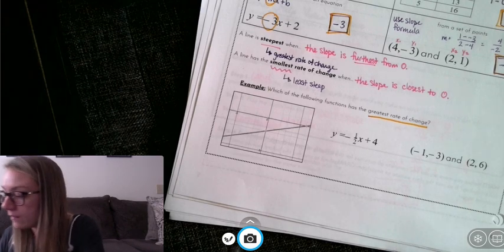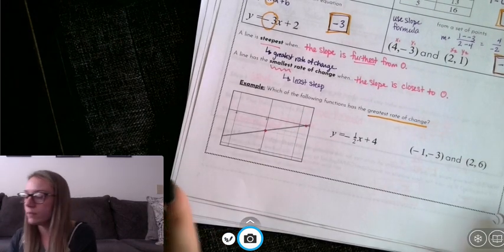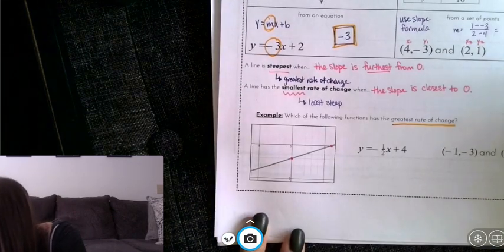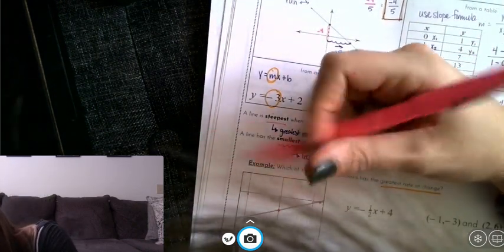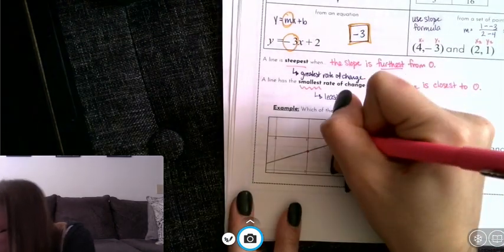So when we have a line, I notice that there is a dot here and there is a dot here. So I'm going to count my rise and I'm going to count my run. So the lines are kind of light, but that's okay. I'm going to make little tick marks here.